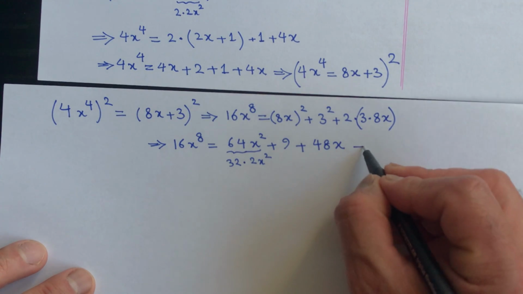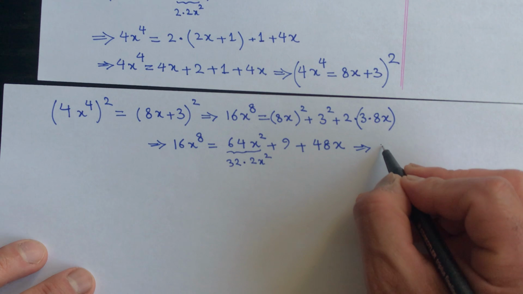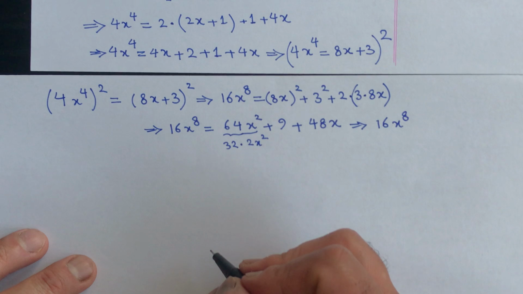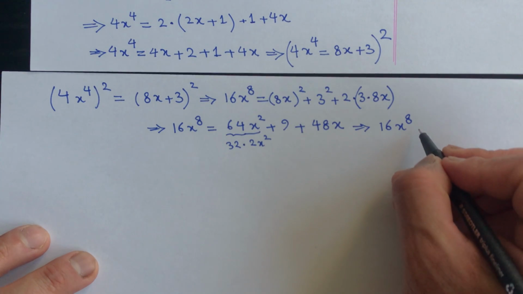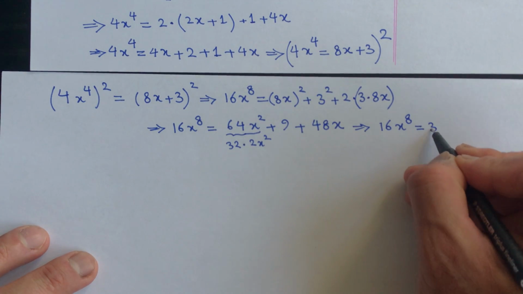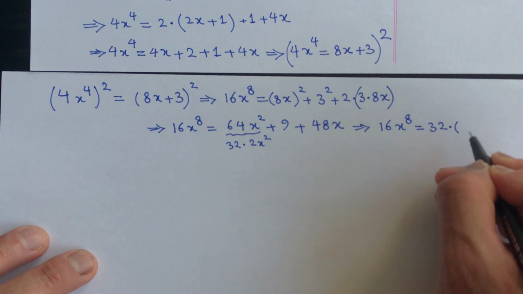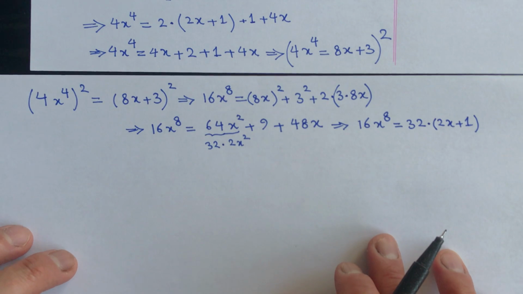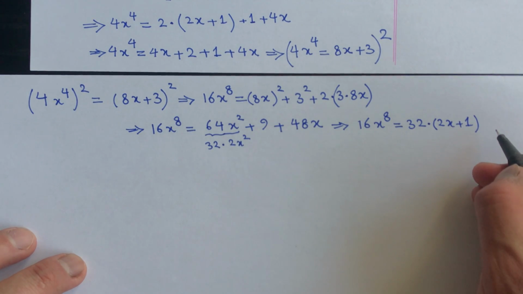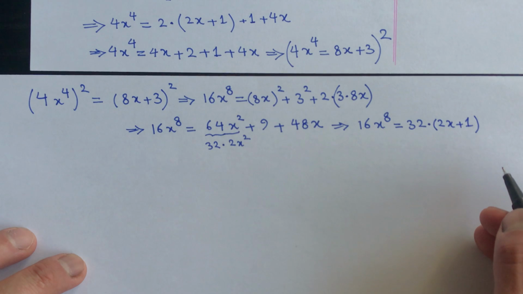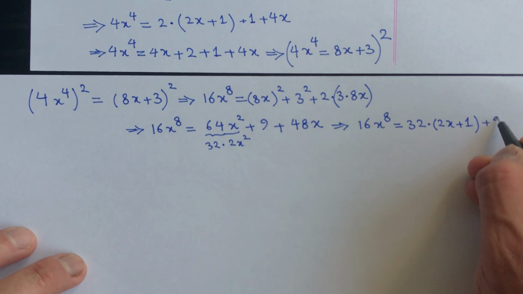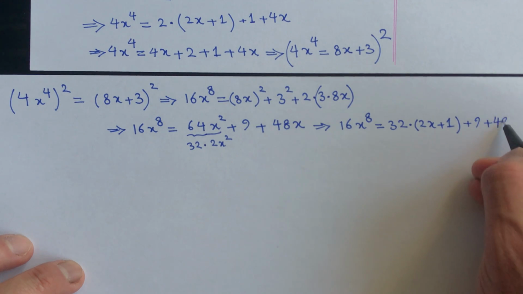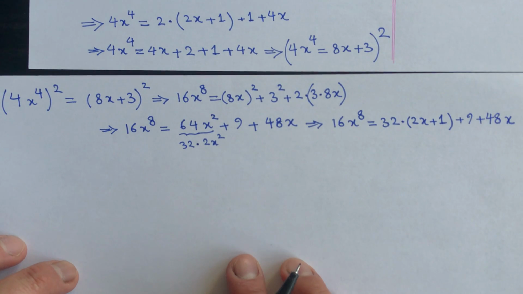So I have 16x to the power of 8 equals 32 times (2x plus 1) and the rest of the terms here, plus 9 plus 48x.